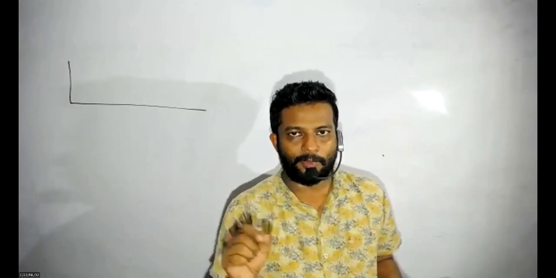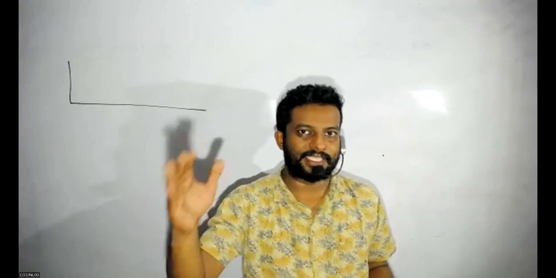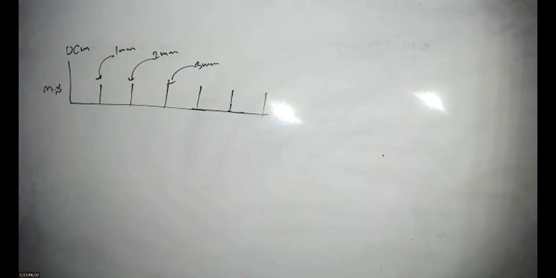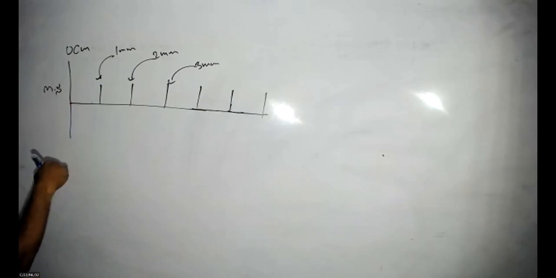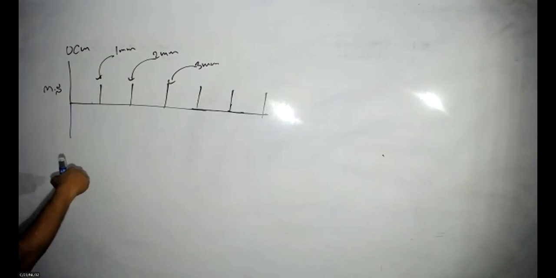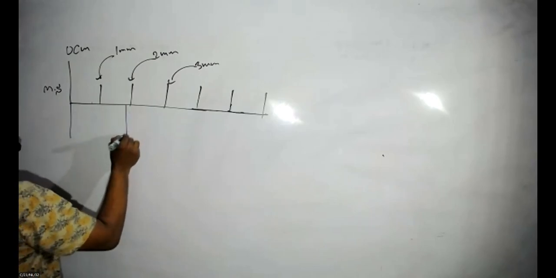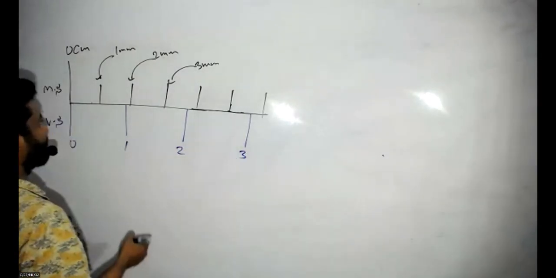Just consider how many vernier divisions are in the vernier scale and how many divisions coincide with the main scale. The scale is divided into 10 vernier divisions, not 20. They are calibrated as multiples of 2, but you should remember there are only 10 vernier divisions, right? Vernier scale, first division, second division, third division.